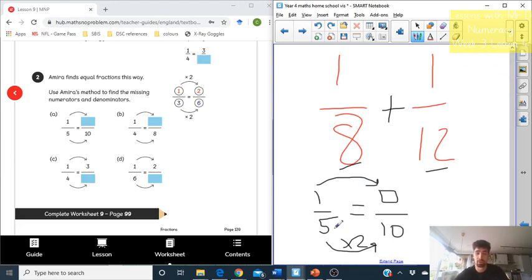But if you know that 5 add another 5, or 5 times 2 is 10, then this bit is easy, because now you know that I have to just do the same to the top. So 1 times 2 is 2. 1/5 is the same as 2/10.